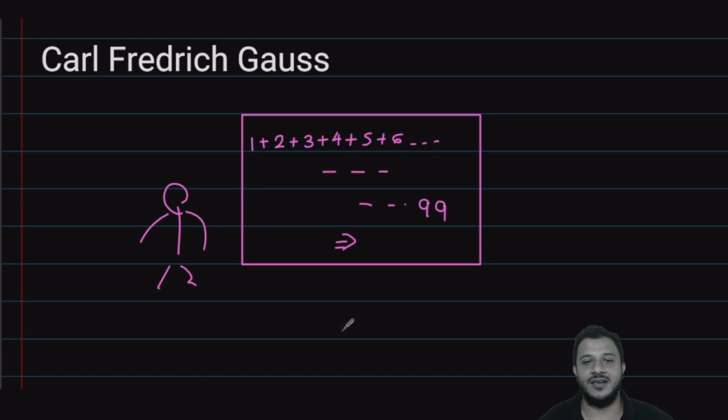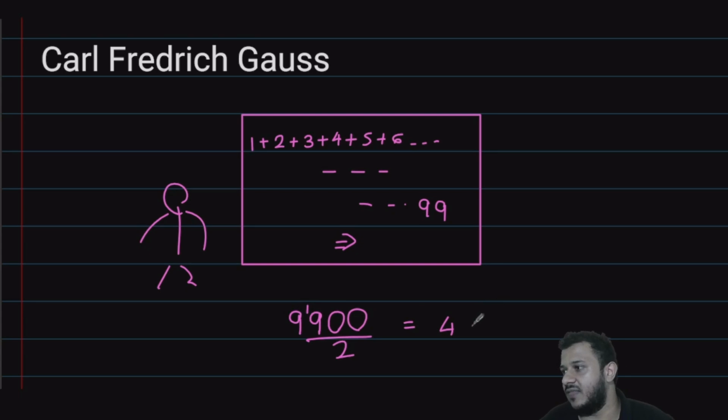Gauss heard that and straight away said, sir, the answer is this. It didn't even take Gauss much time to say the answer: 9900 divided by 2, which is 4950.